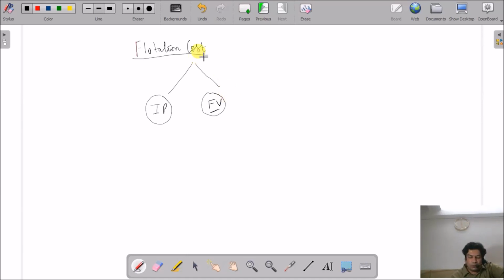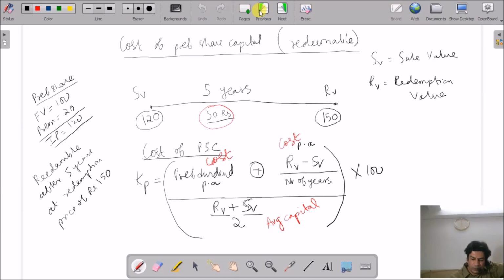So flotation cost is a percentage given to you in the question, and you will calculate it either on issue price or on face value, and you will always give a note for it. I will be calculating on face value since the institute has also solved at face value. So now we are moving to the question.